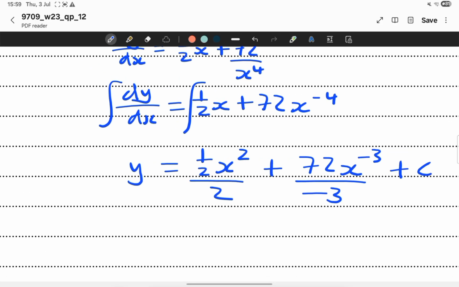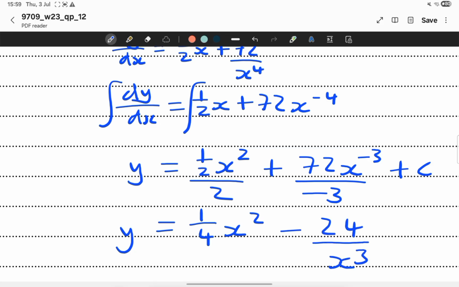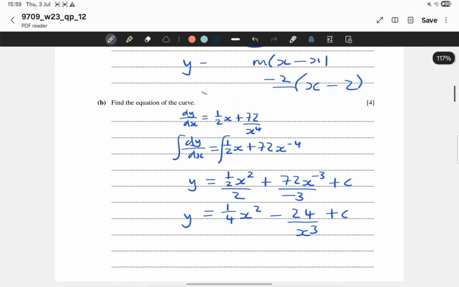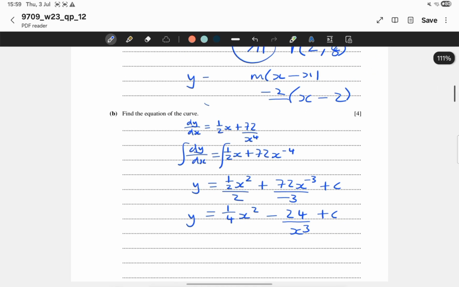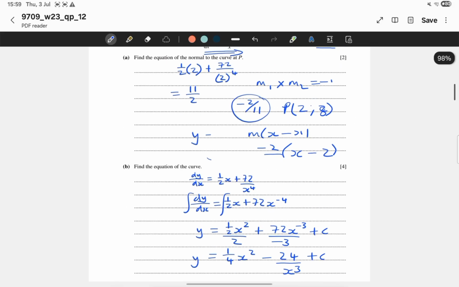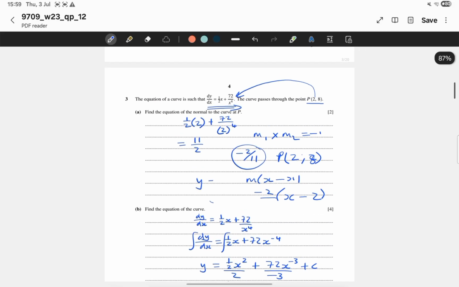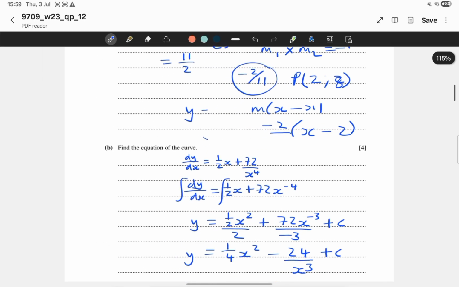That's us integrating there, and this comes down to y is equal to 1 over 4 x squared, right, minus 24 over x to the power 3 plus c. Then from here now, we're just going to substitute the x and y value from our point P, because we know the curve passes through P, which is (2, 8).